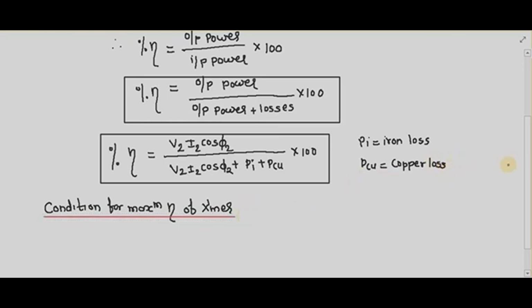The efficiency of the transformer depends on the load condition, right? On no load the efficiency is 0 because there is no current flowing through the secondary side. But as we connect the load and increase it, the efficiency rises until it reaches the maximum value. So let us draw the graph.